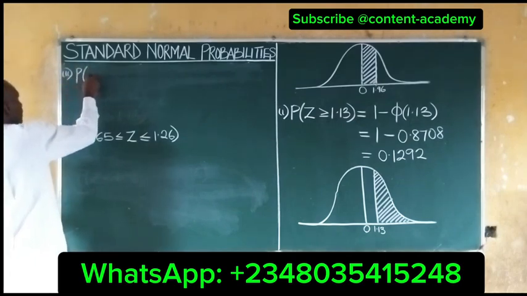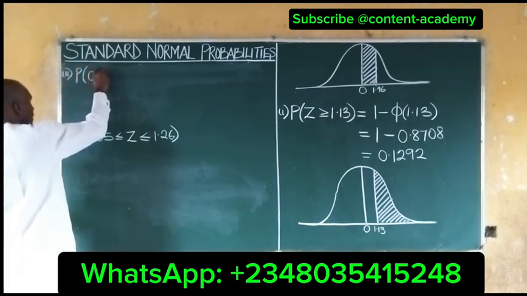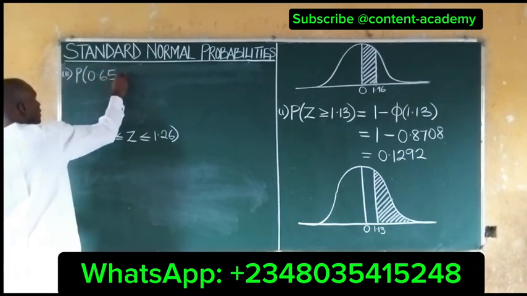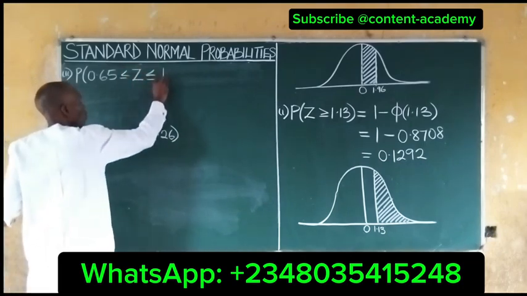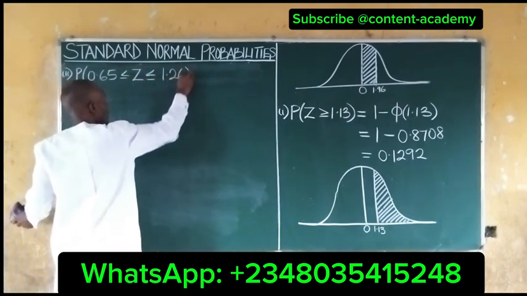The probability of 0.65 is less than or equal to z is less than or equal to 1.26.